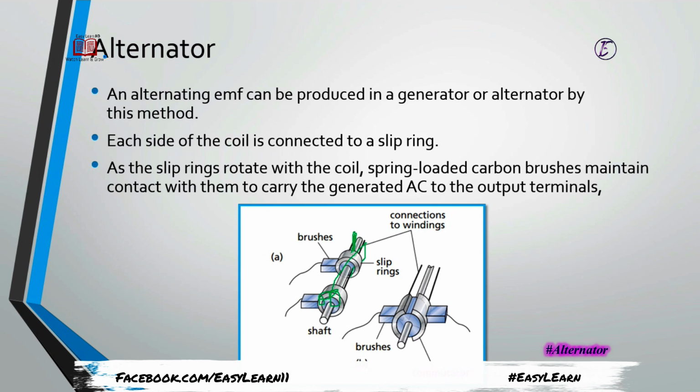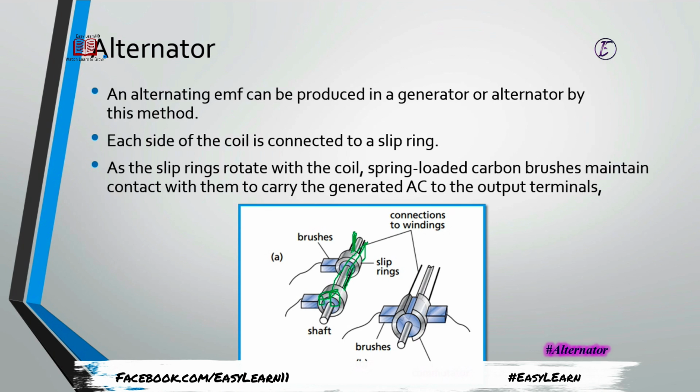This is the connection coming from the side shaft, and the rings are of course rotating, so we need carbon brushes that provide the stationary contact, and as a source of current we can take it for our applications, and the alternator becomes useful for applications.